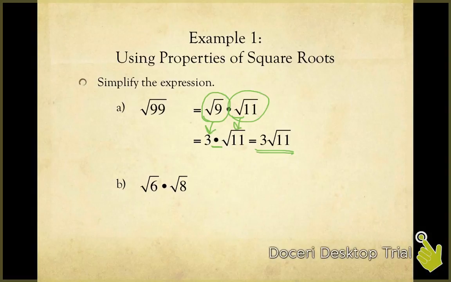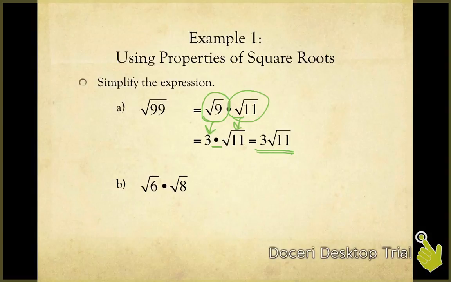Okay, now in part B, we're looking at the multiplication of two square roots. And although we might be able to simplify the square root of 8, we can't really simplify the square root of 6.